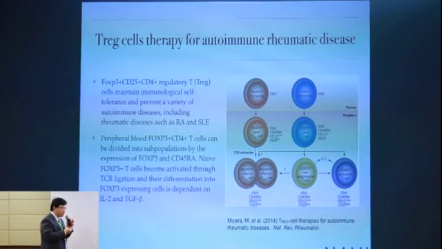How they generate the Treg cells is a technique. A very important marker is named FOXP3. They can select the Treg cells by the marker FOXP3 from our circulation and expand them in some special condition.